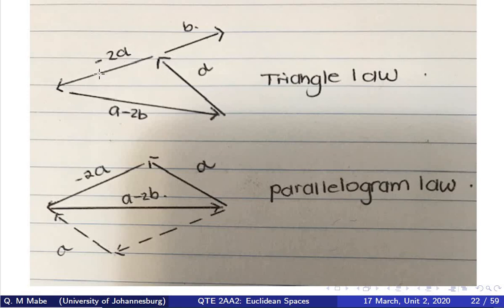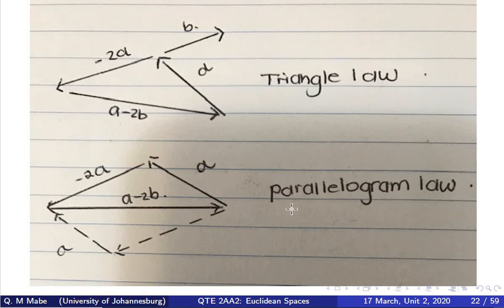So in order to get A minus 2B, we draw our vector here, right? If we were to find A plus 2B, we would start at the initial point of A and end at B. But now because it's A minus 2B, this will point in the opposite direction.